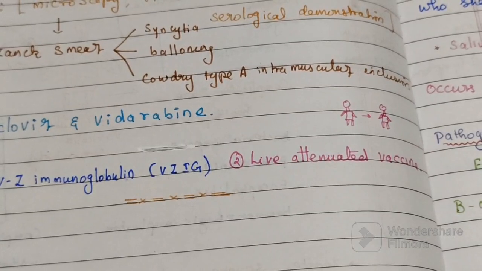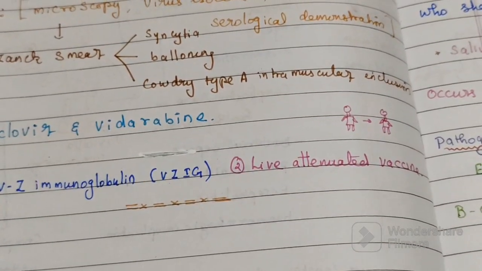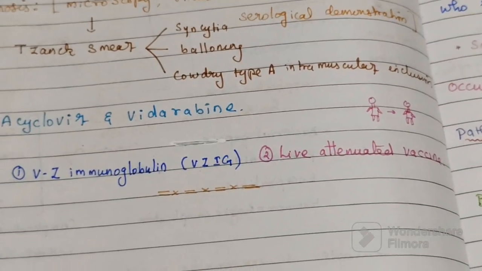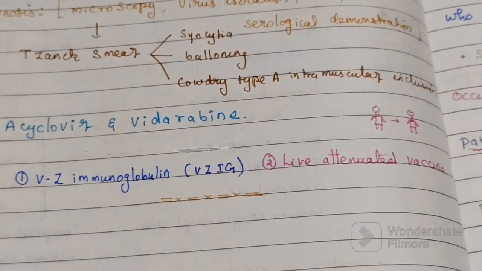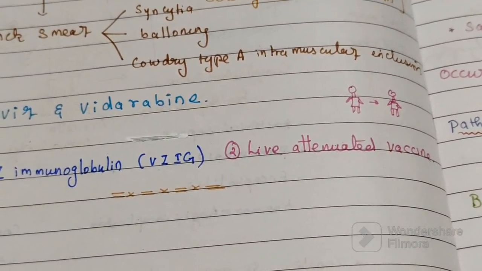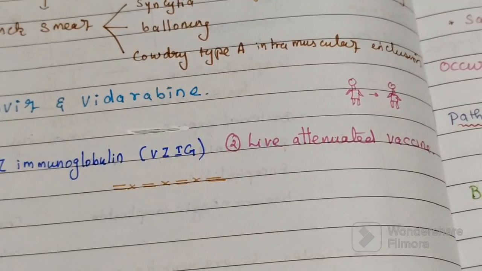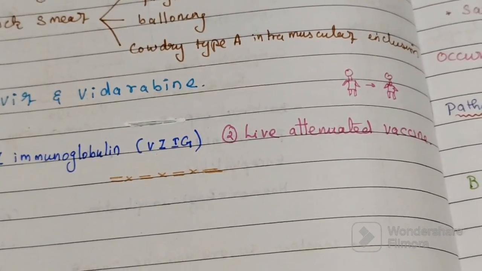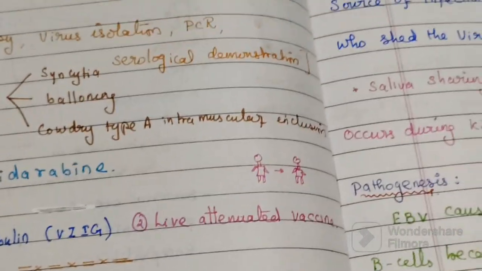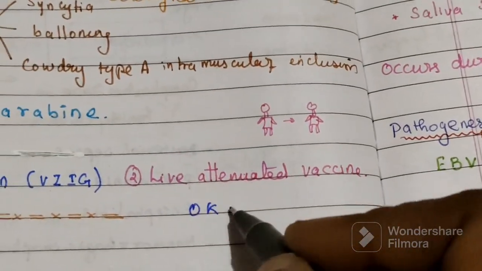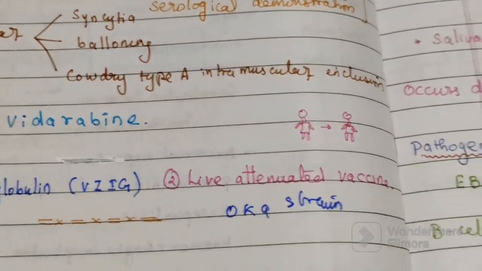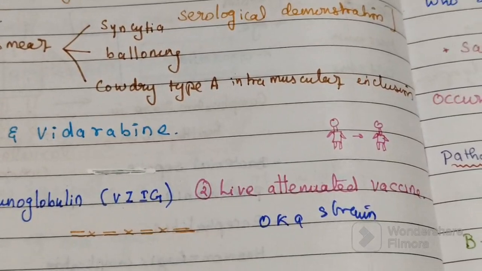Number two, a vaccine is also available, a live attenuated vaccine. This one is Varivax, 90 to 95% effective.